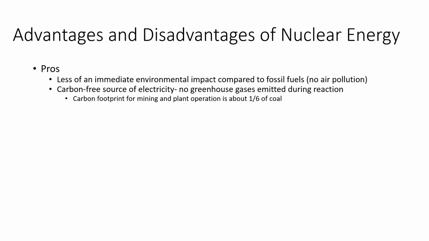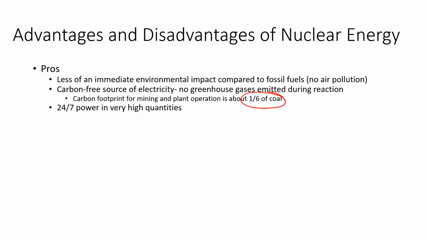Now, it is worth pointing out that we need to mine uranium, and we use fossil fuels in order to mine it. In the construction of a facility for nuclear power, there's a fairly large carbon footprint associated with the construction and mining, but it's still only 1/6 of the carbon footprint of coal.